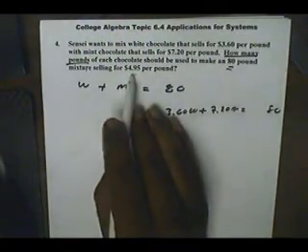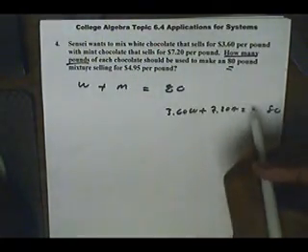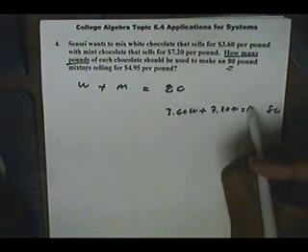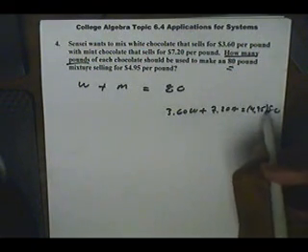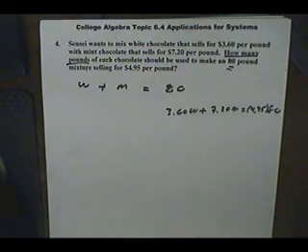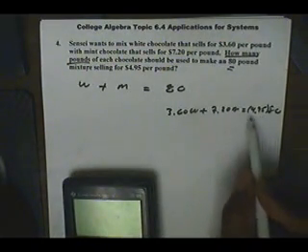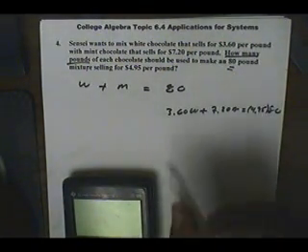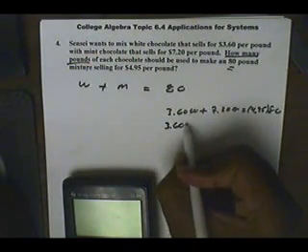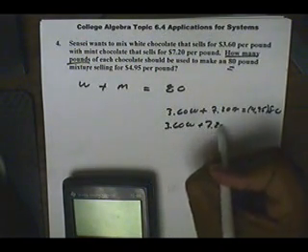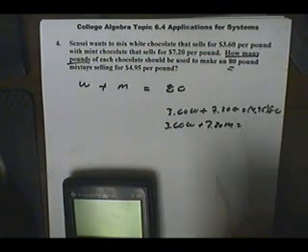But then we're going to be paying $4.95 for those 80 pounds. So let's put a parentheses here, $4.95 for that. Okay, so now I'm going to multiply these two and get a total amount of the price here. So we'll have $3.60 times W plus $7.20 times M.